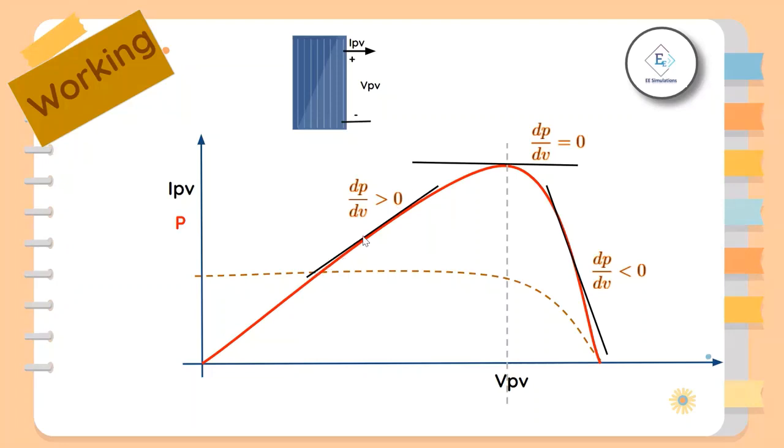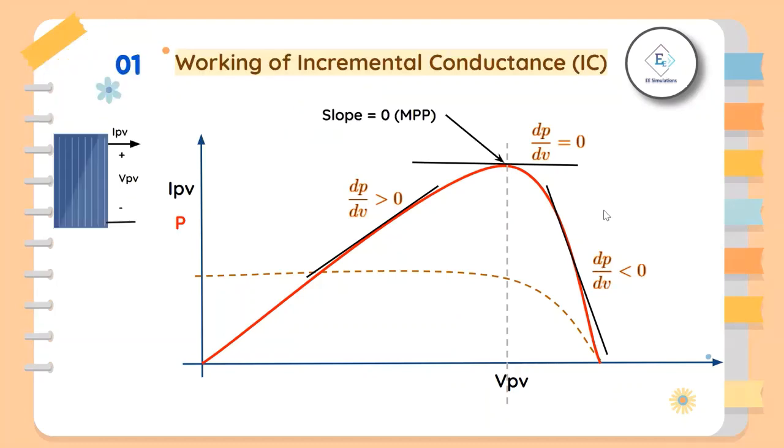Whereas before it, the change in power with respect to voltage is positive, meaning power is increasing as we increase the voltage. After the maximum point, the change in power decreases with increasing voltage. So this point is called the MPPT point, when the slope is equal to 0.